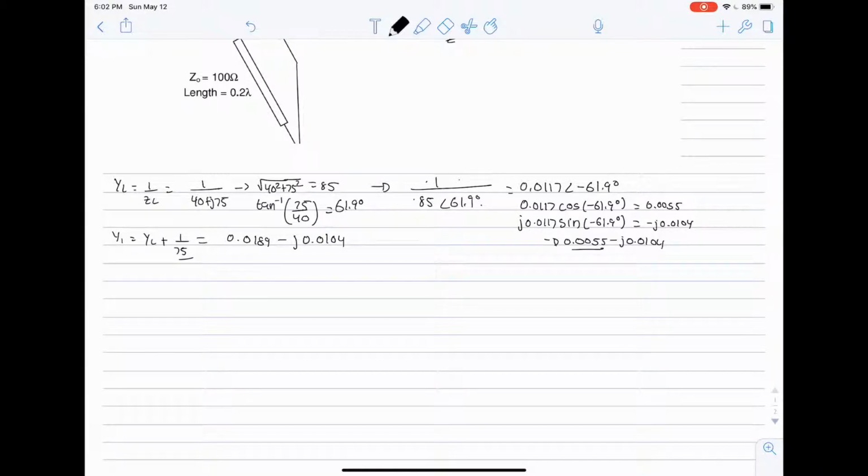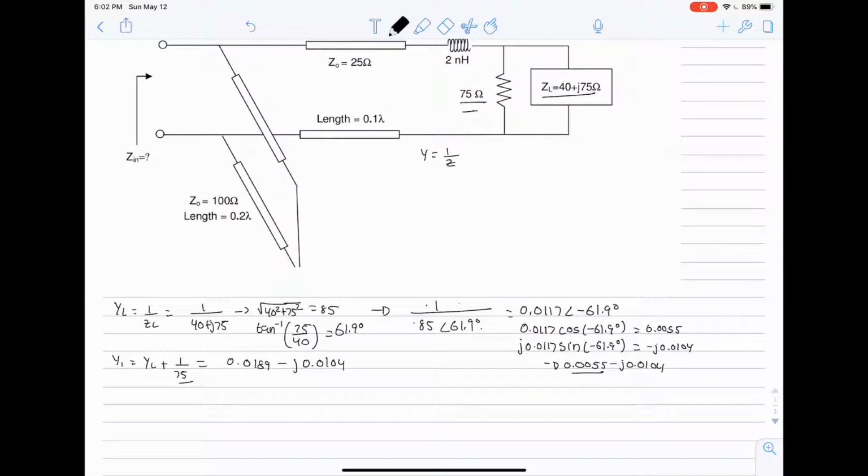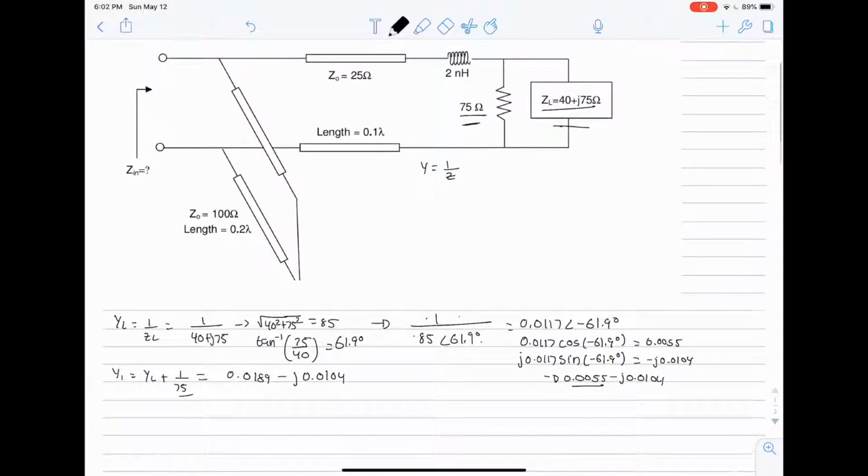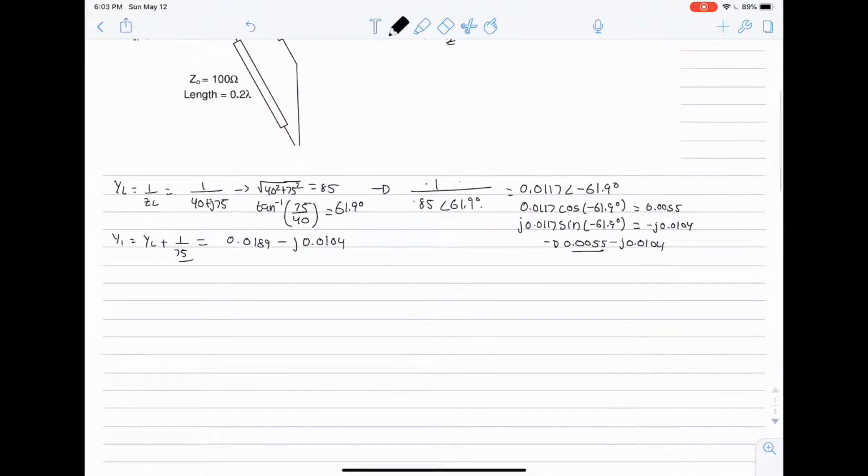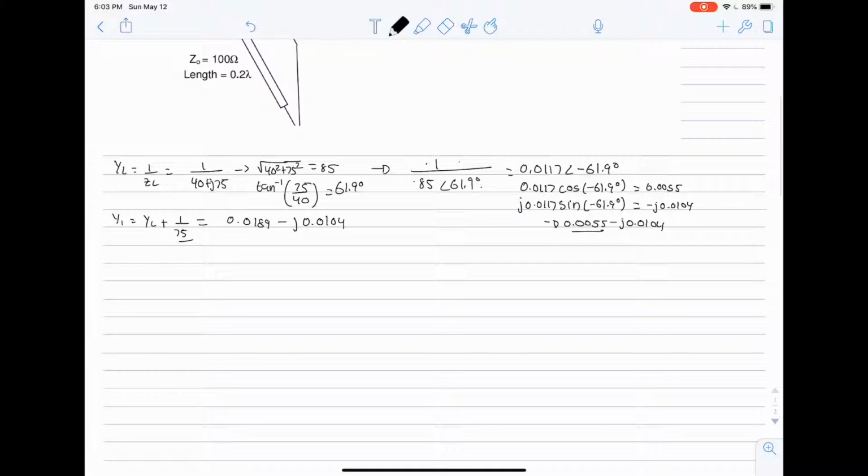And since we are going to combine this and this, it's going to be in series with the inductor. So if it's in series, we just do normal addition. So we can convert that into polar.